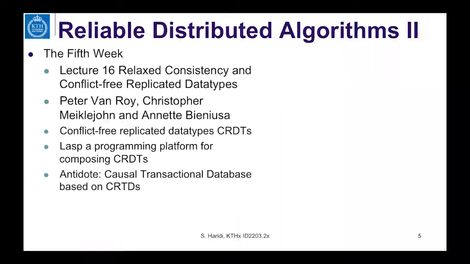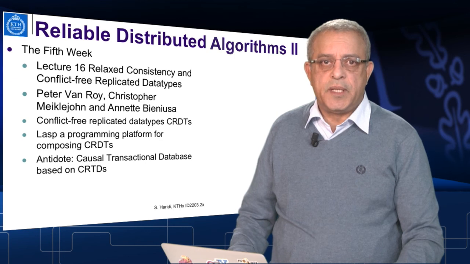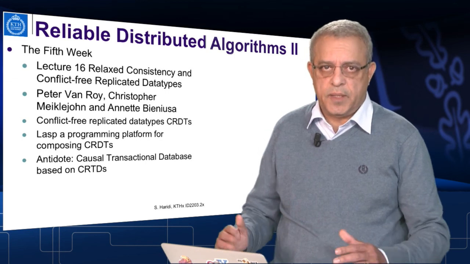Distributed systems that require strong consistency models like linearizable or sequential consistency will suffer from unavailability under network partition, and can also suffer from inefficiency if the distributed system is geographically distributed with long delays between the sites.